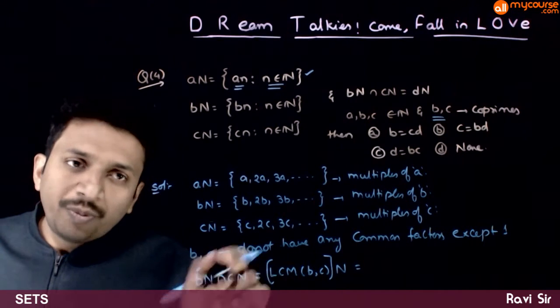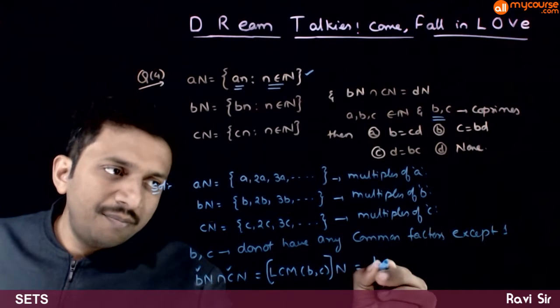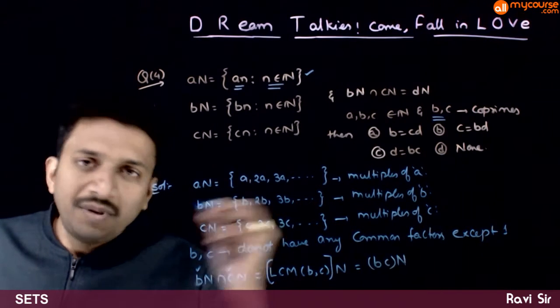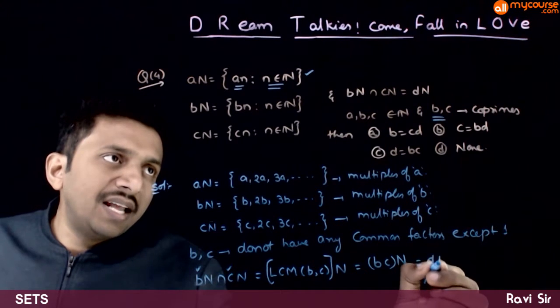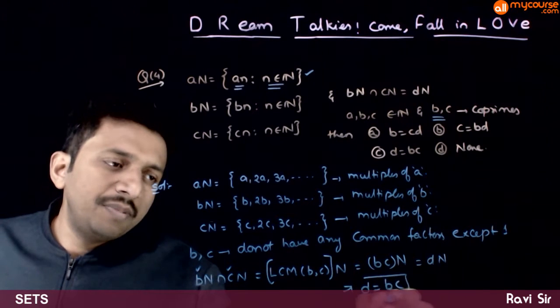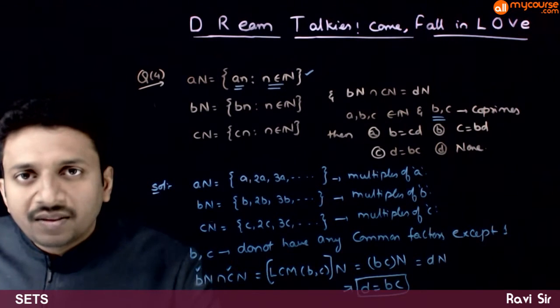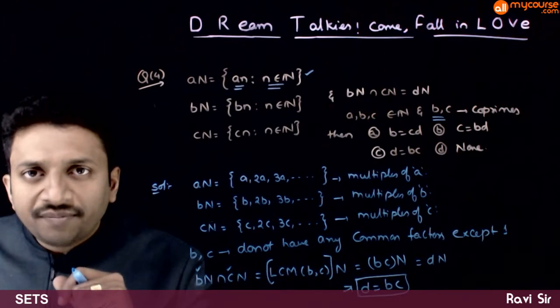Because B and C are co-primes, the LCM of B and C is nothing but BC, so BC of n. And this is given as Dn. This implies D has to be equal to BC. So do you understand why LCM of B and C is B into C directly?